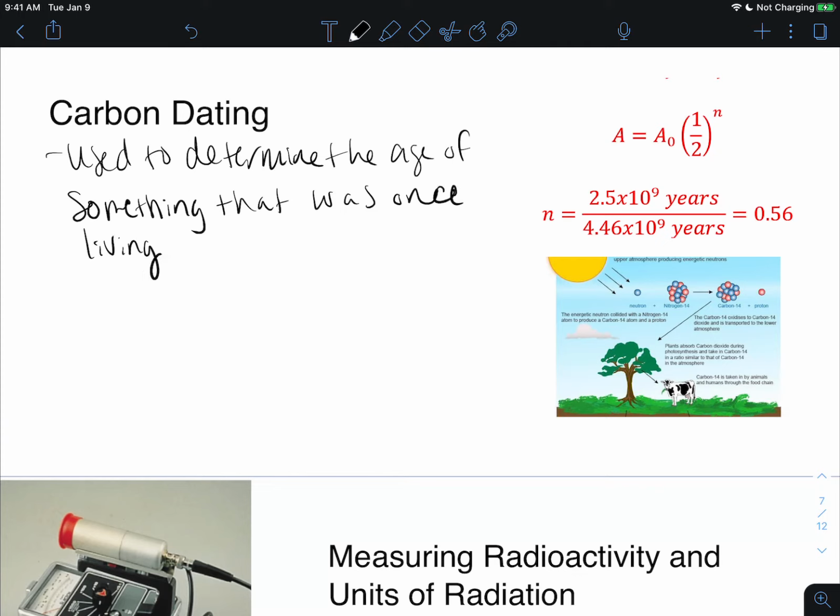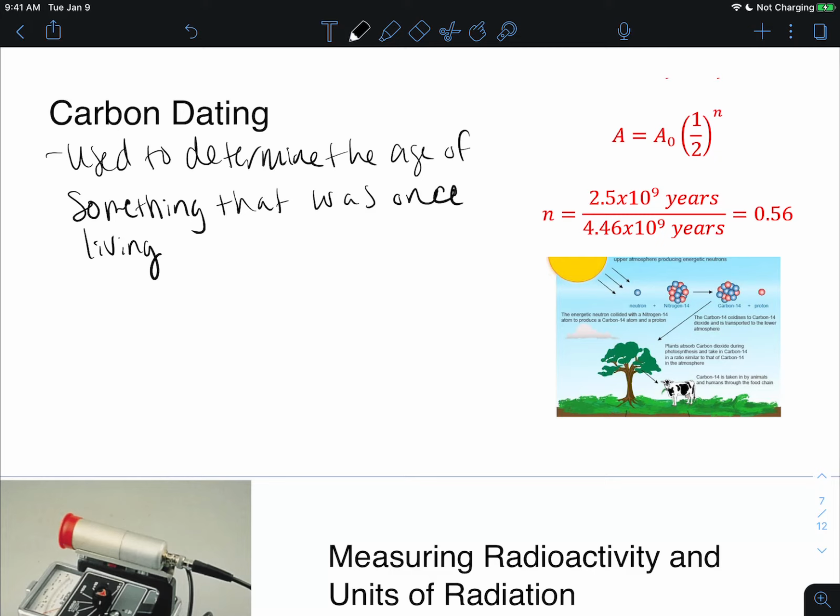So by living, it had to have been something that was taking in carbon in some way, either breathing it in, like a plant would, well, not breathe, but absorbing it like a plant would, or eating something that contained carbon. So it has to in some way take in carbon.